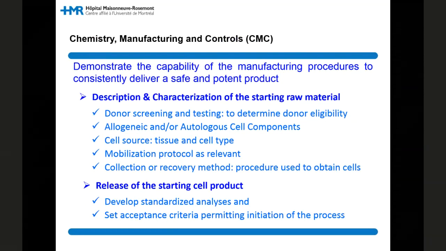And you need to describe everything from donor screening, if you're taking cells from a specific donor, a pool of donors, or a single donor that you're expanding. What are the characteristics? Are these cells safe? Are they allogeneic or autologous? Why are you doing that? Have a good rationale for how you're doing this. What's your cell source? What is your mobilization protocol, if relevant? Is it validated? Do you have appropriate controls?